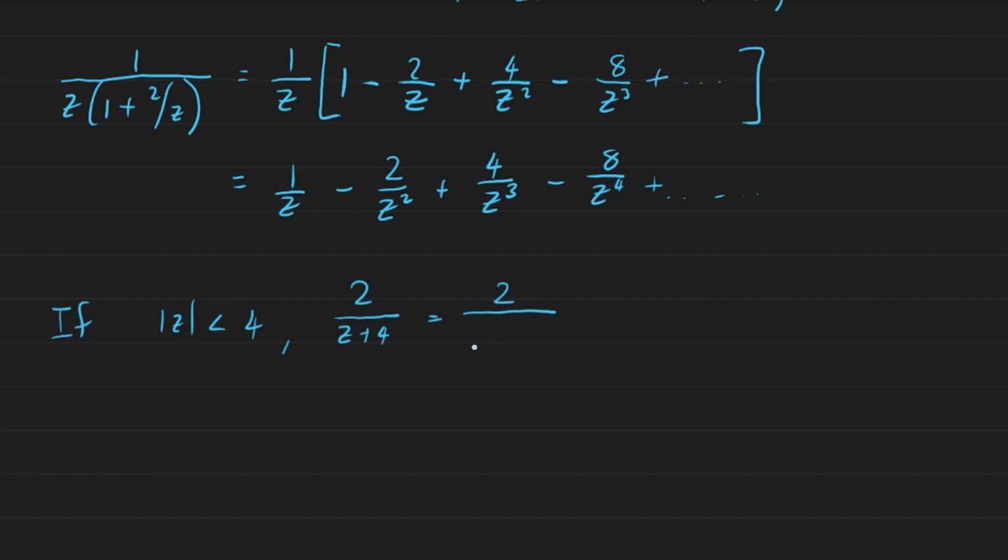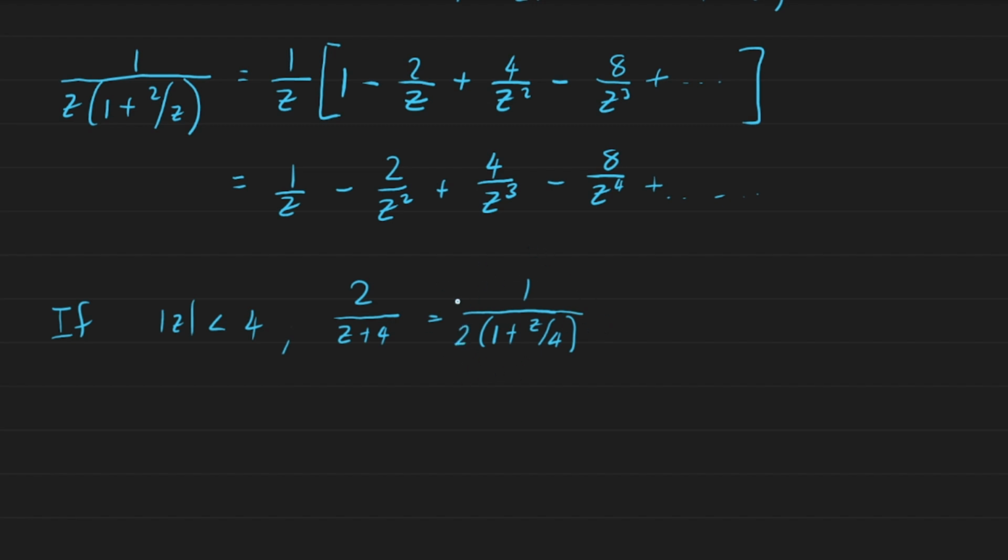So I have 2 over 4 into 1 plus z over 4. 4 times 1 is 4, and 4 times z over 4 is z. This 2 over 4 is just 1 over 2.